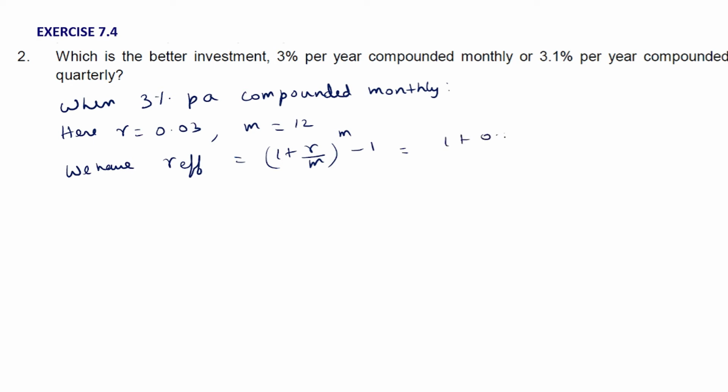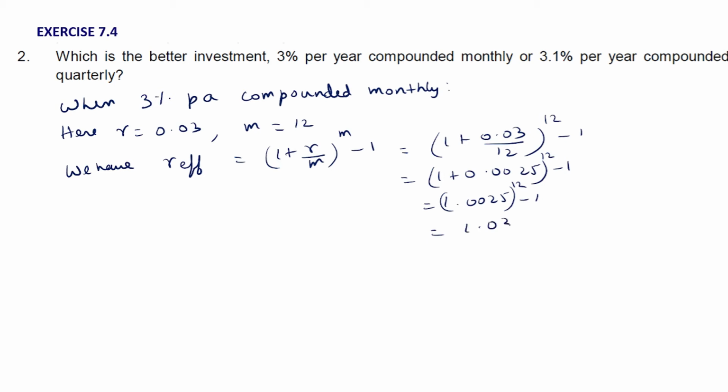So it is (1 + 0.03/12)^12 − 1. So it is (1 + 0.0025)^12 − 1. It is 1.0025^12 − 1. This is 1.0304 − 1, or it is 0.0304. This is 3.04%. So when 3% per annum is compounded monthly, our effective is equal to 3.04%.